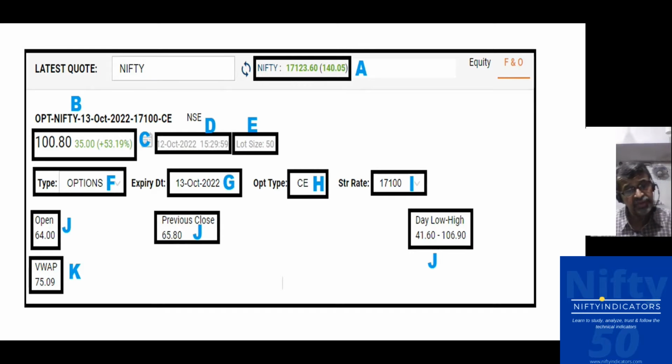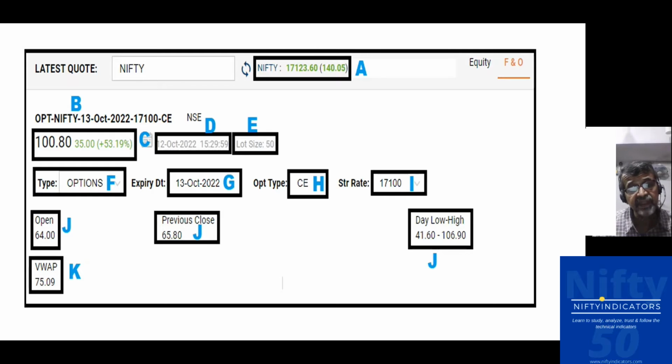Here in this chart, I have marked A to K, and in the next page I have given the details of what it is. Let me explain to you.